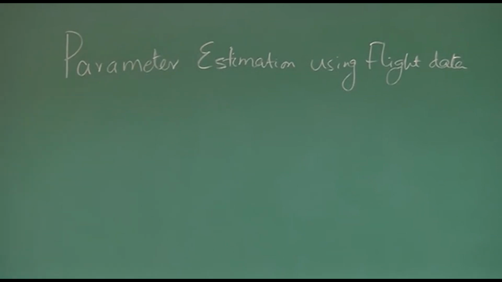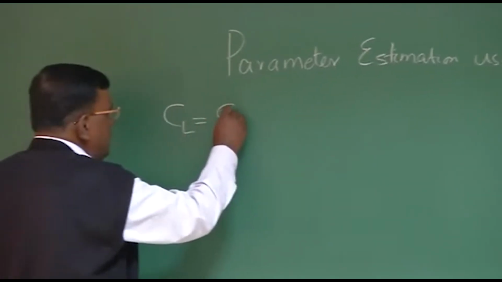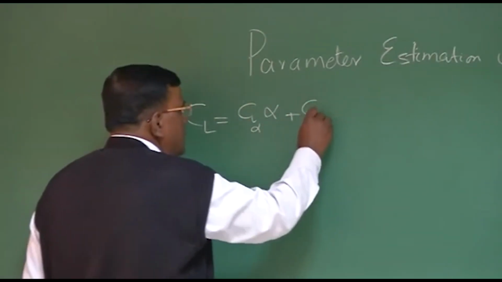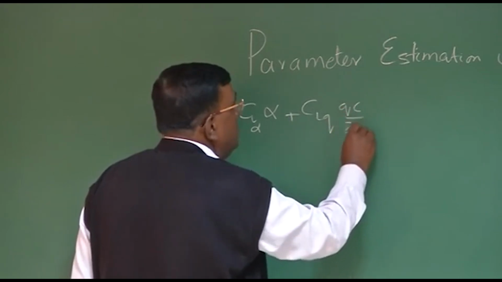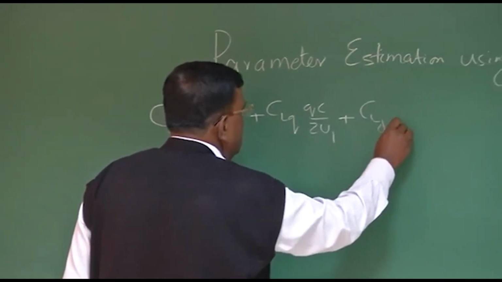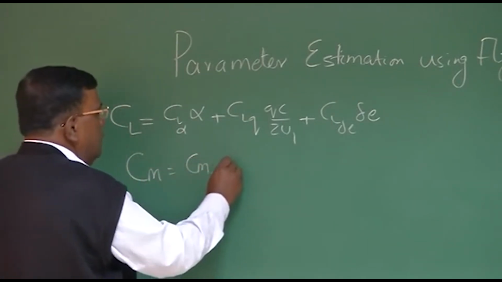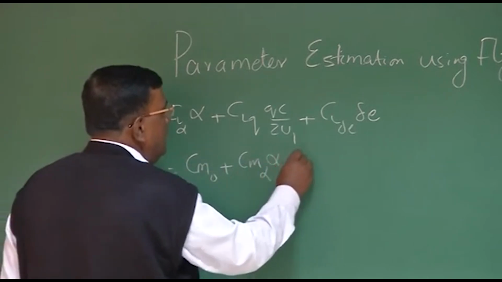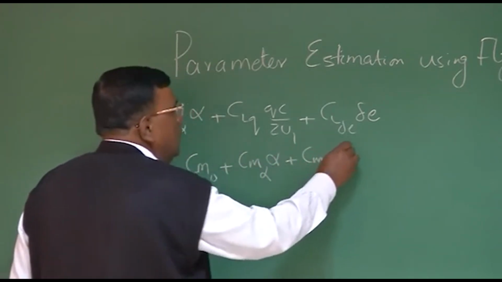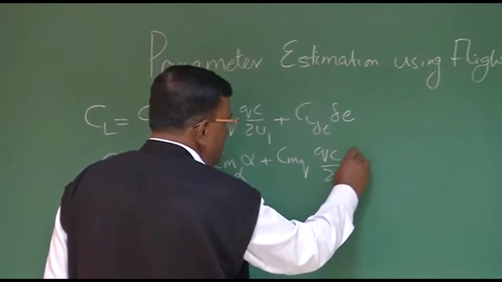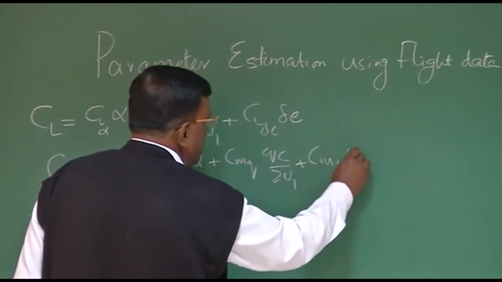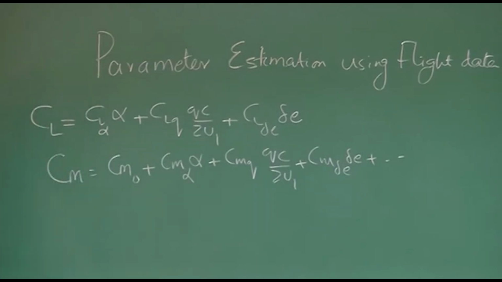What do you mean by parameter here? You remember when I express CL as CL alpha into alpha, and CL q into qc by 2U1, plus CL delta E into delta E. Similarly for CM, I wrote CM naught plus CM alpha into alpha plus CM q into qc by 2U1 plus CM delta E into delta E, plus many other terms, depending upon how complex the flight maneuver is and how complex the aerodynamics associated is.